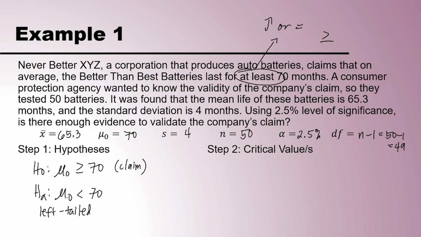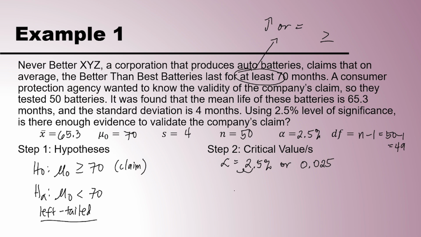Step 2, let's solve for the critical value or values. We identify alpha, which is 2.5%. We transform this into decimal, so we write 0.025. Since it is left-tailed, there is no need for you to divide the alpha.